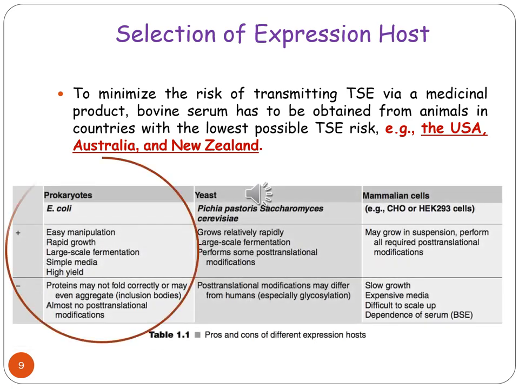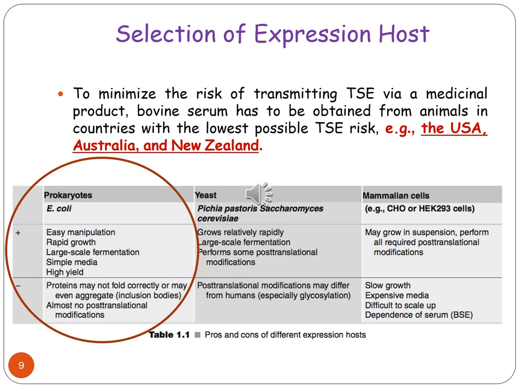This table represents the pros and cons of different expression hosts. The first expression hosts are the prokaryotes. And the most famous example for prokaryotes is E. coli. The pros of using E. coli: they are easy to manipulate. They can grow rapidly. They can divide fast.